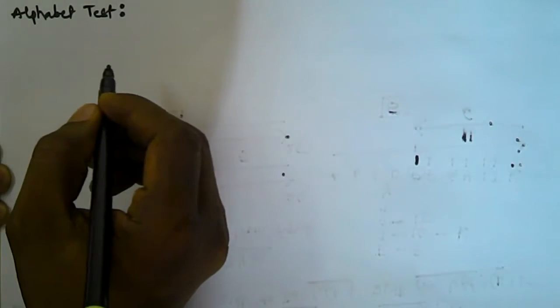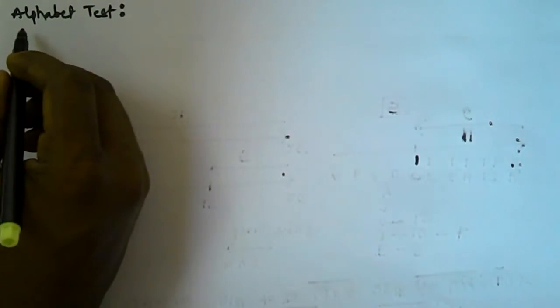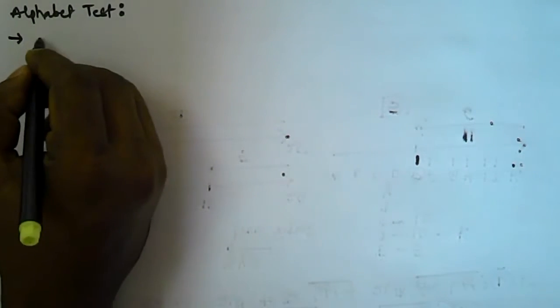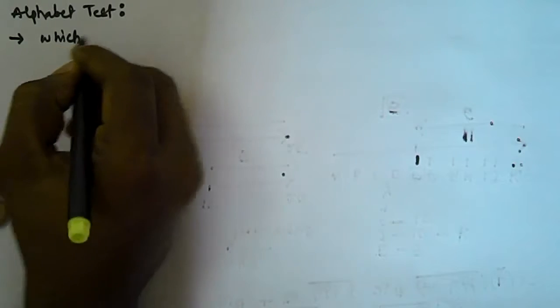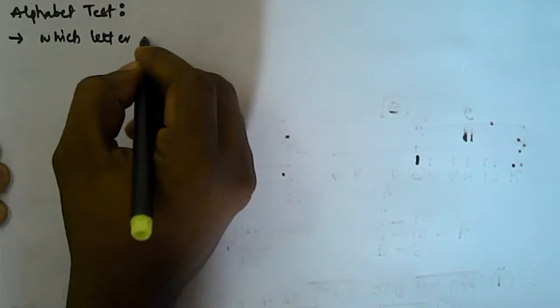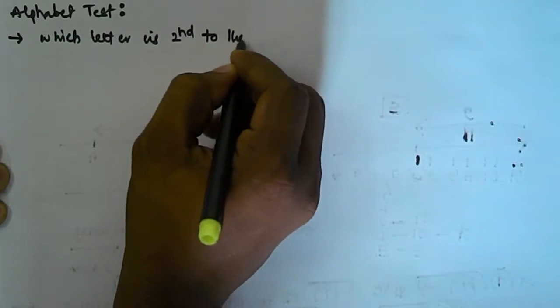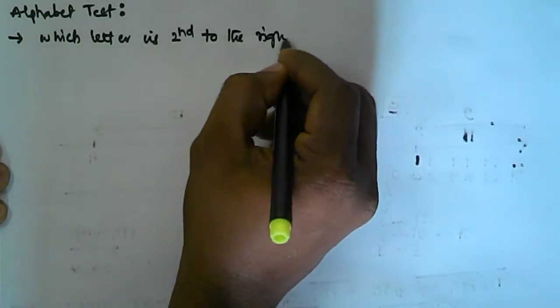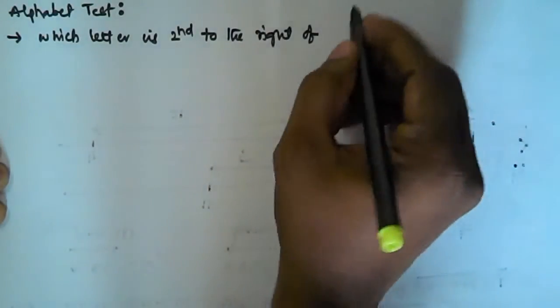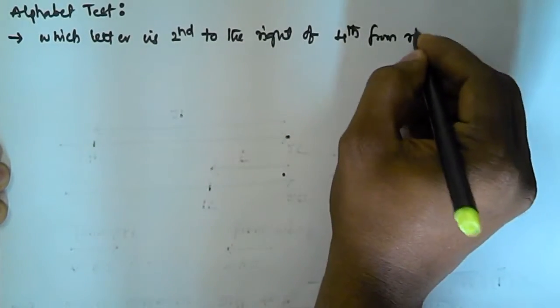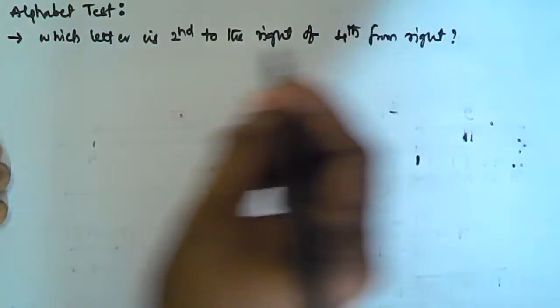Hello friends, in this video we will see another type of problem in alphabet test. The problem is like this: which letter is second to the right of fourth from right?